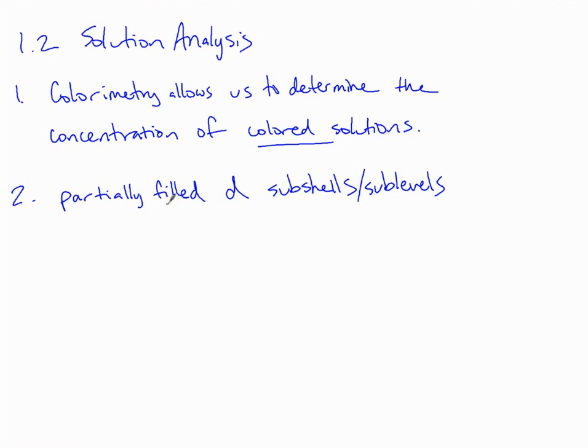So partially filled d subshells or sublevels. Think back to that ground state electron configuration that we learned back in Chem 1. And usually the transition metals had to do with the d sublevel. So they tend to have some sort of colored solutions.